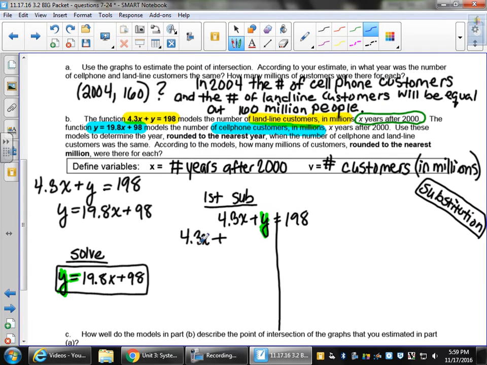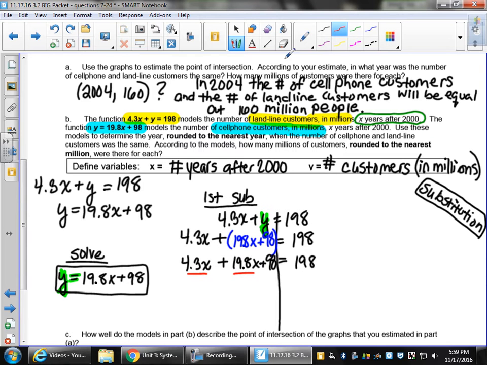So where we see y, we will substitute in 19.8x plus 98. And this is equal to 198. Now we're going to rely on all of our algebra skills to make this happen. 4.3x will stay, plus 19.8x plus 98. I was able to just drop the parentheses. I didn't really have anything to distribute in. Equals 198. Let's combine like terms.